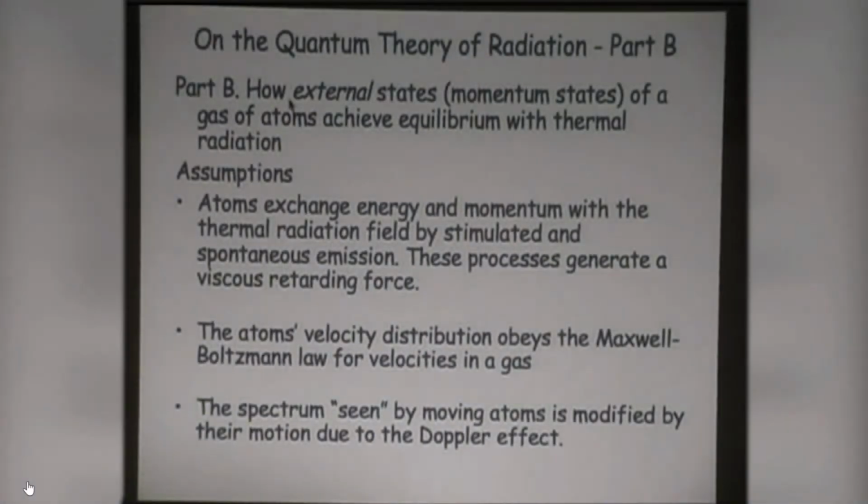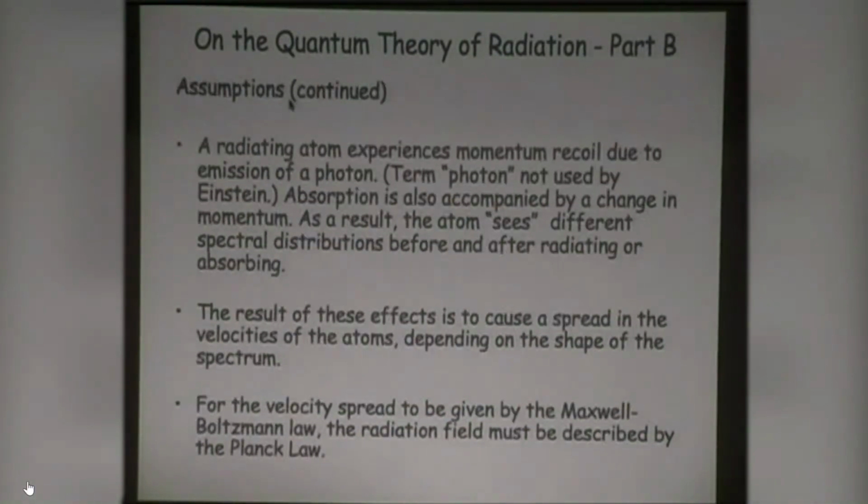He assumes that the atom's velocity distribution obeys the Maxwell-Boltzmann law for velocities in a gas. And he points out that whenever an atom absorbs a photon, its momentum is changed, so that the radiation spectrum it sees has been altered. It's not the spectrum it saw when it was absorbing. So absorbing and emitting radiation continually changes the spectrum the atom sees.